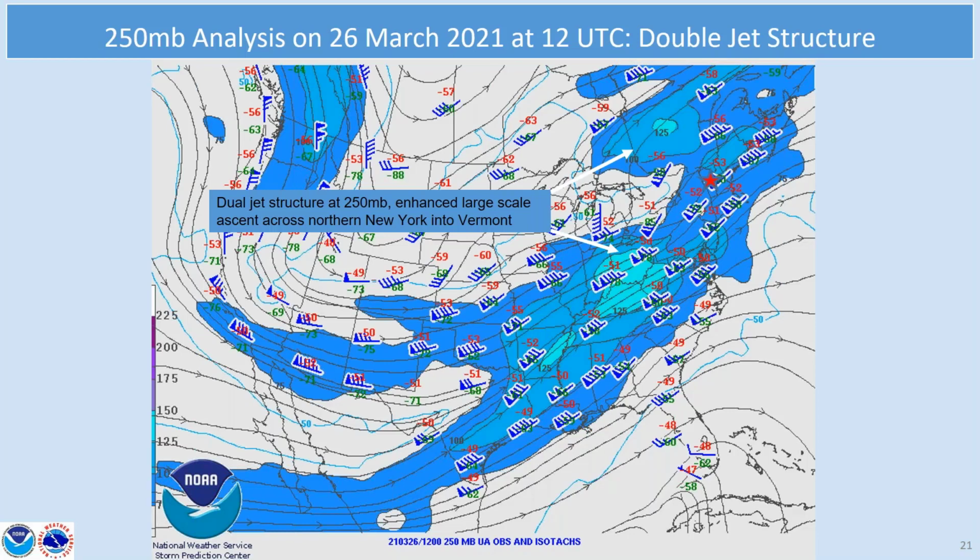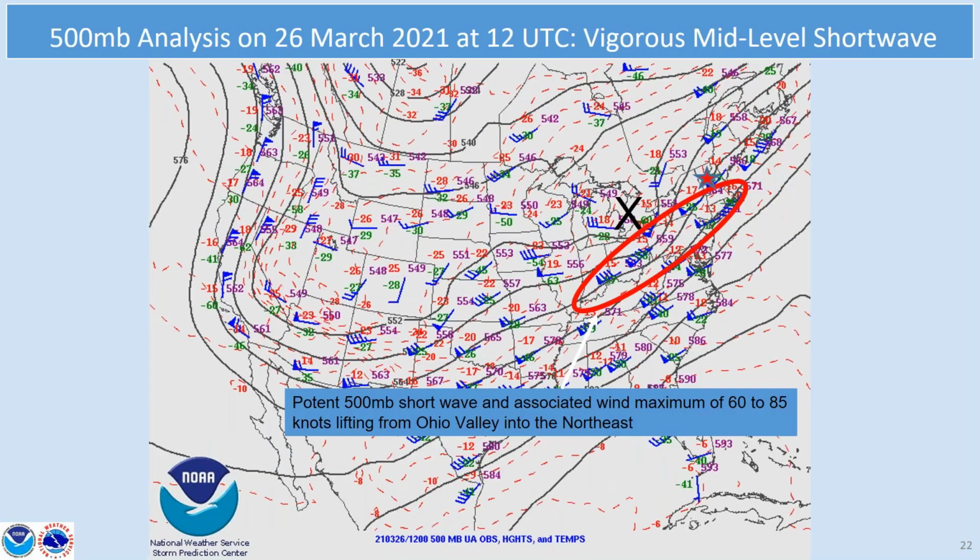thunderstorms in the afternoon. Looking at 500 millibars, we had a vigorous shortwave over the central Great Lakes. You can really see that on the analysis here by the X. In addition to that, we did have very strong mid-level winds as observed by the Albany of 50 knots at 500 millibars and extending down this jet maximum into the Ohio Valley where it was 60 to 85 knots.